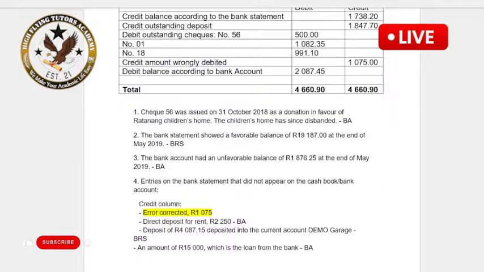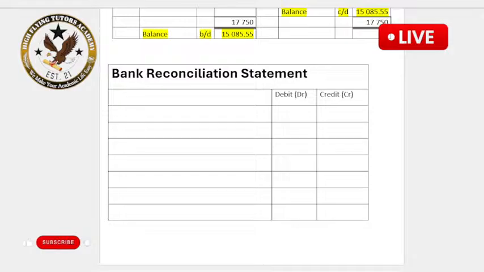So when you go into the answer sheet, right there on the bank reconciliation statement, you are going to say credit.